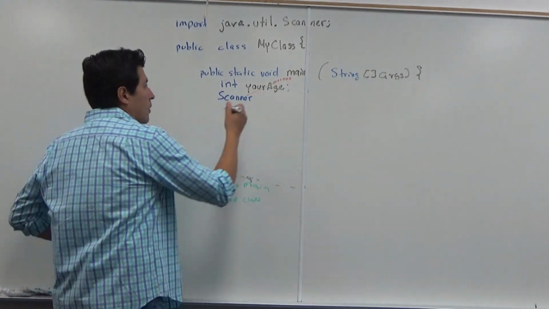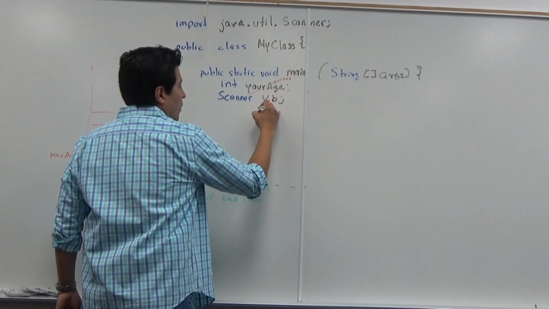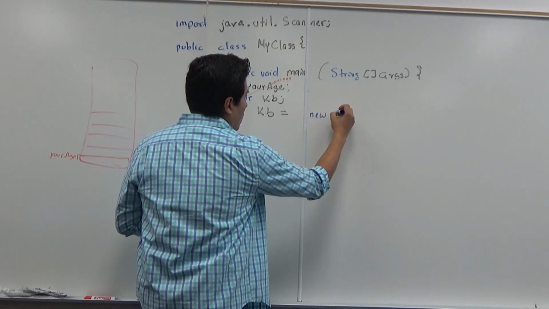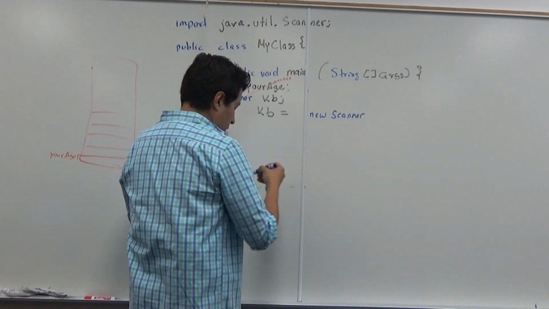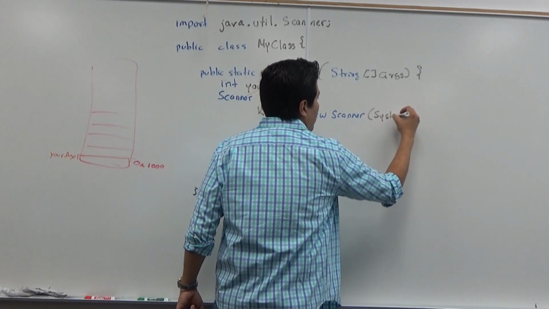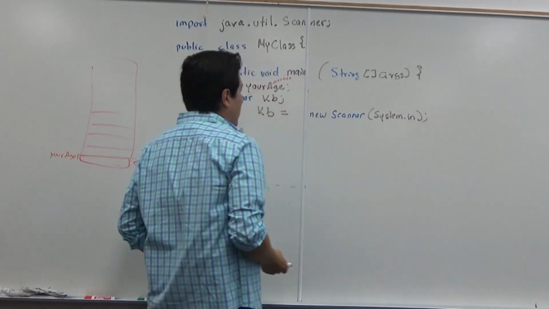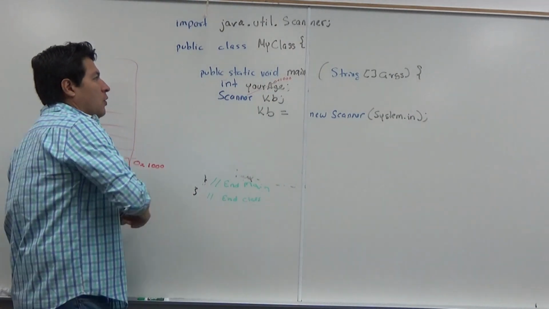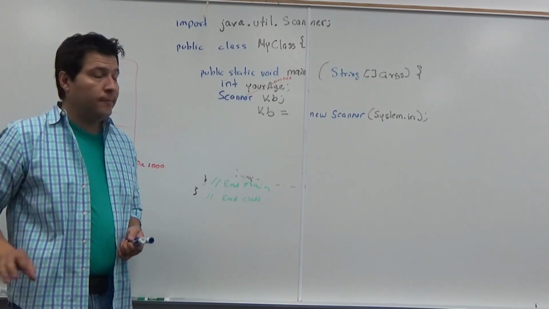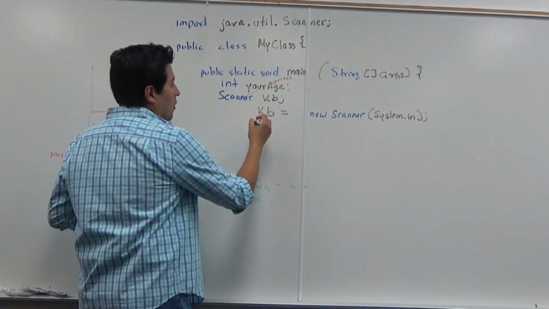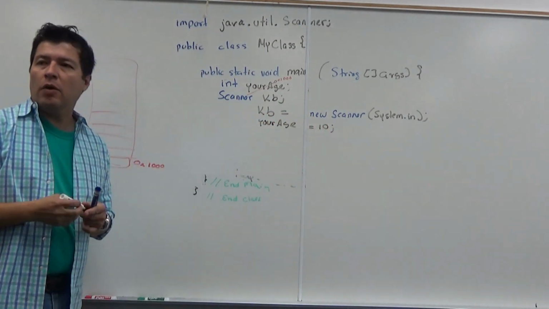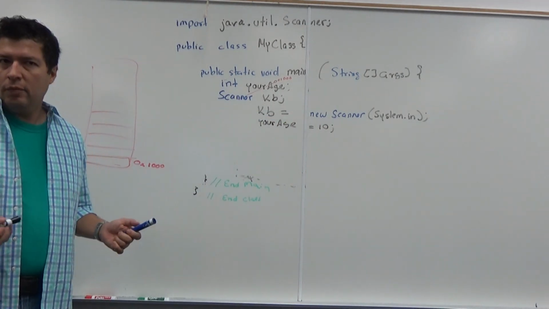And to actually use it, we had to use this keyword new, right? That's what we have in our program. But in your age, we didn't say new int because it's primitive, right? We know how much memory we have. So I could say your age equals 10 and it's fine. I don't need to use the new int because it's a primitive. You only use new on objects.